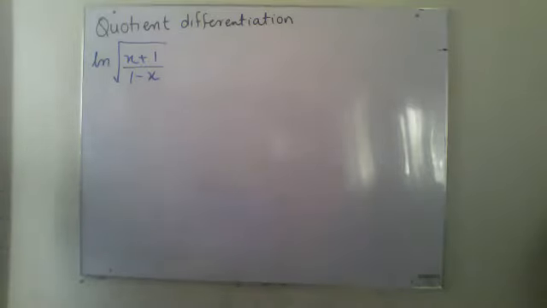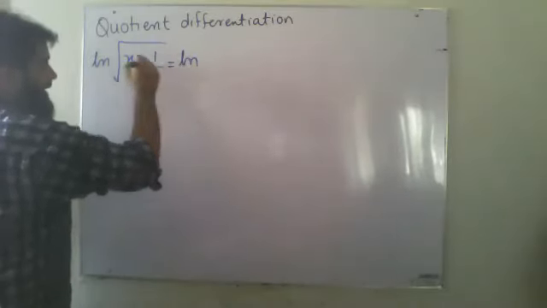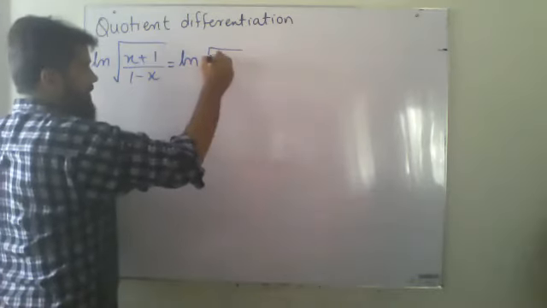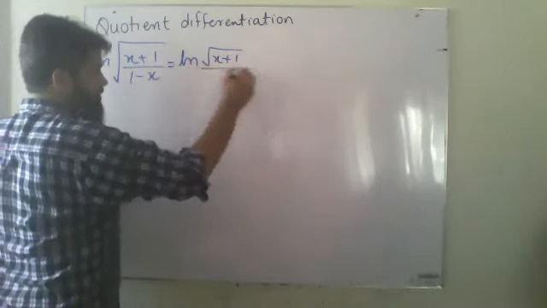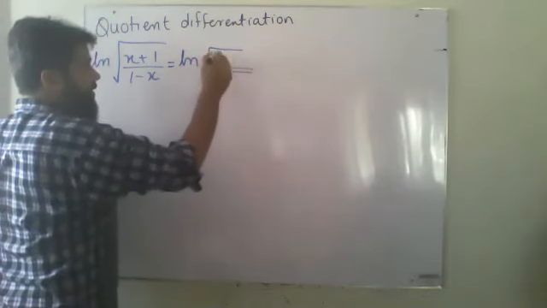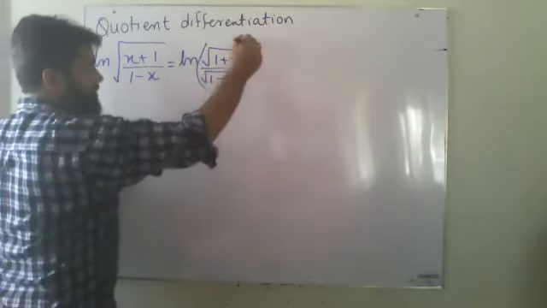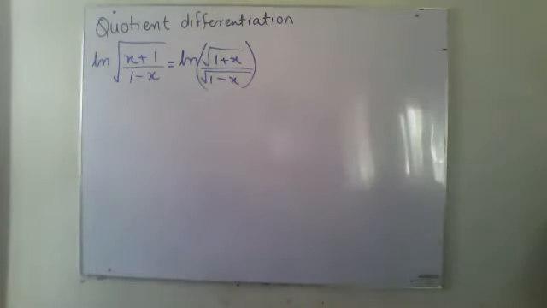What we can do over here, see, first of all, I can write it like this, under root (1 plus x) over (1 minus x). That is the first thing I can do. I'm not starting with differentiation. I'm first simplifying it. Okay.